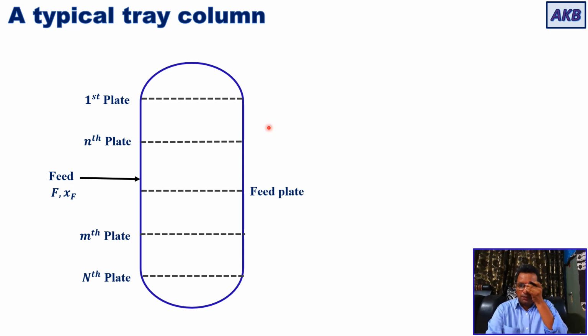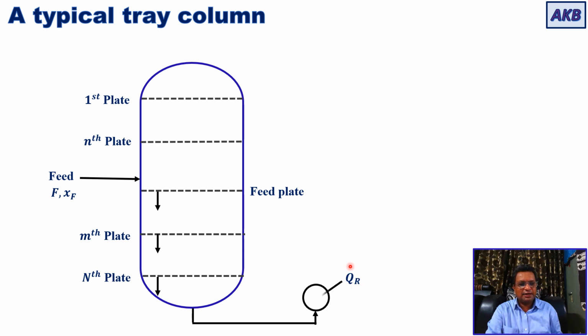So the feed plate divides the column into two sections: one is the section above it, and the other is the section below it. The feed will be flowing down and taken to the reboiler. It will be heated in the reboiler, where let us say heat is added at a rate of QR.